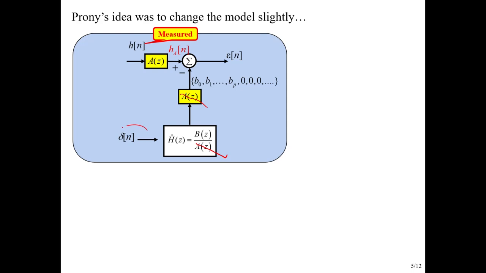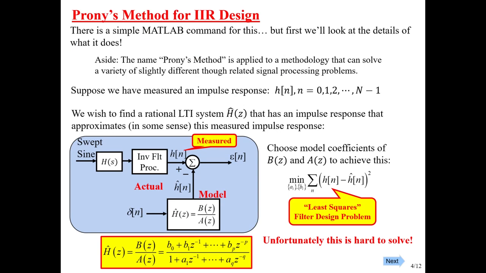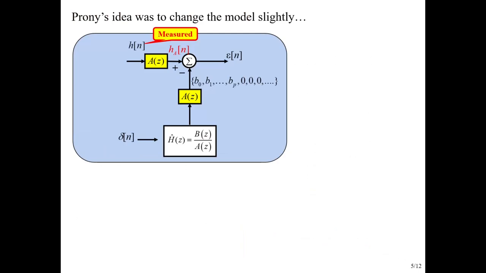So really from here to here is just an FIR filter with numerator B of z and denominator 1. And so we know the impulse response of an FIR filter is just the sequence of the coefficients. So it would be these in sequence. And so that's what I'm showing here. B0 out to B sub P, and then zeros afterwards.